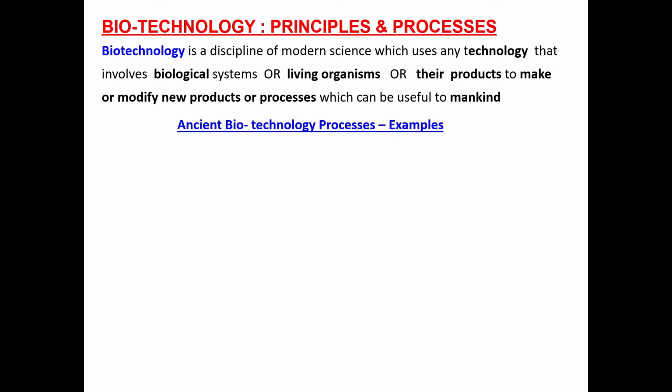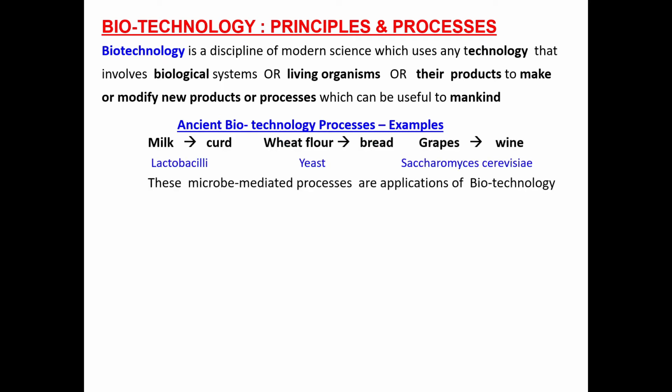Some examples of ancient biotechnology processes. You know, milk can turn to curds, wheat flour to bread, grapes can convert to wine. These are microbe mediated processes and they are applications of biotechnology. Why? Because they use microbes. For example, milk turns to curd due to lactobacilli.